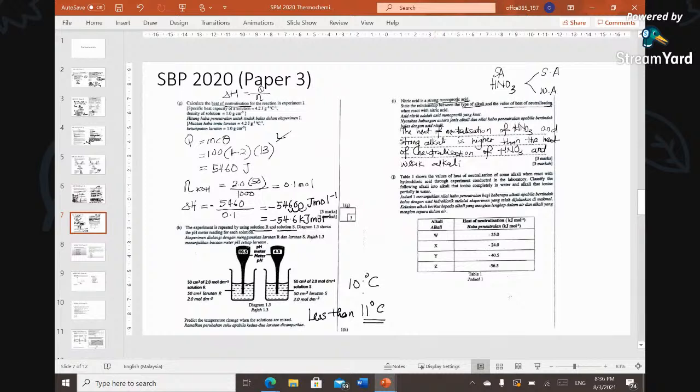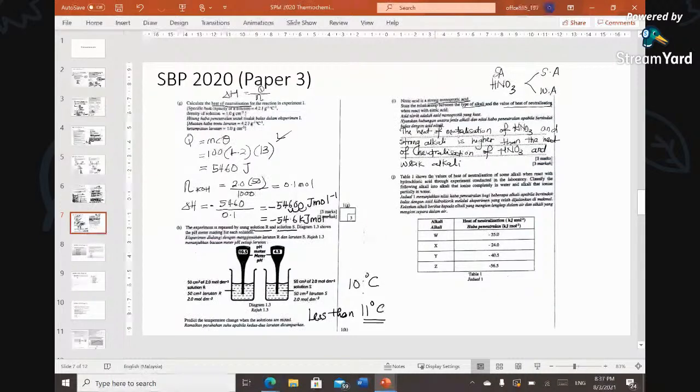Okay, the next question. Table 1 shows the heat of neutralization of some alkali when reacting with hydrochloric acid, through an experiment conducted in the lab. Classify alkali that ionize completely in water and alkali that ionize partially in water.